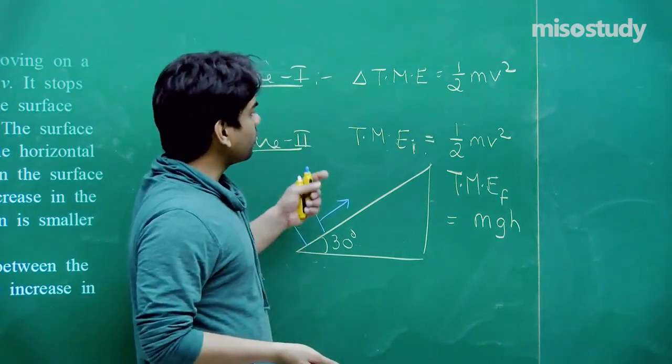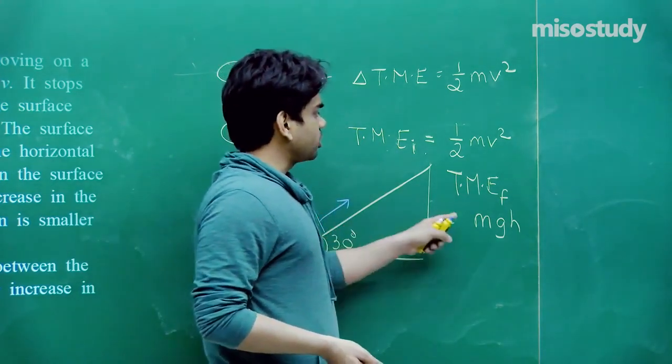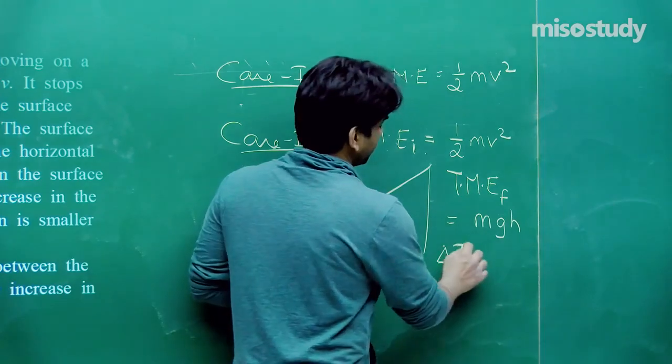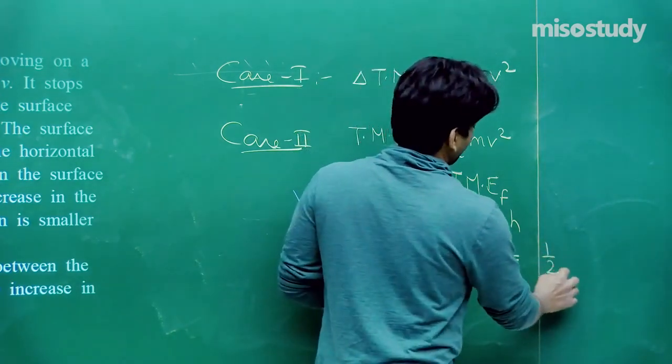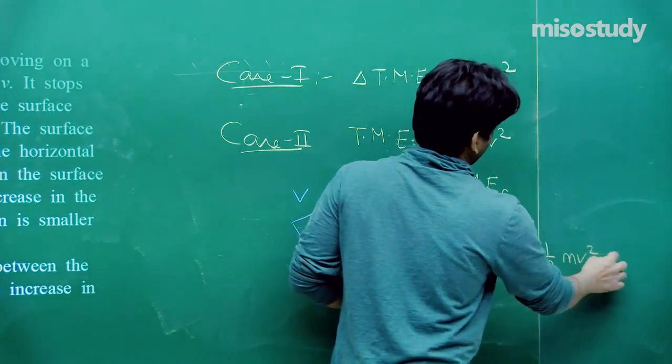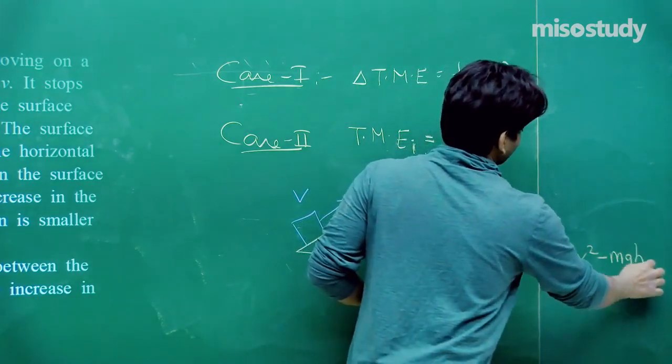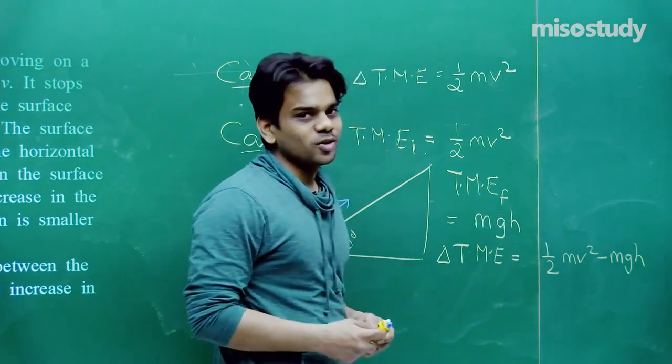Change in total mechanical energy, initial minus final, will be equal to half mv square minus mgh. This will be the change in total mechanical energy.